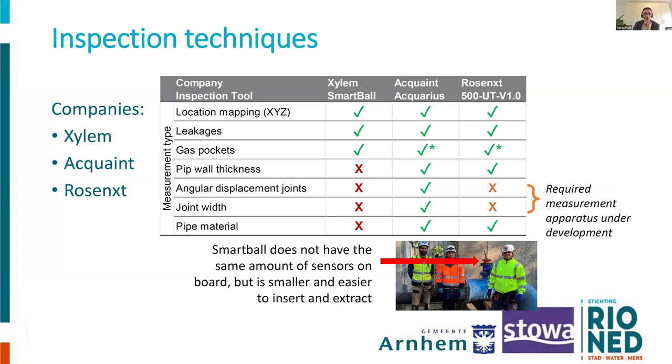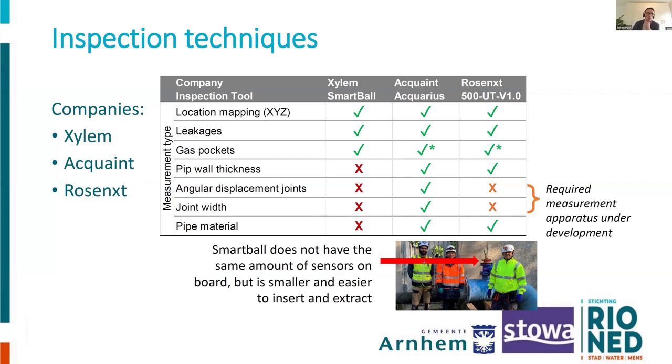Leakages, gas pockets: although the inspection tools of Rosen and Acquaint either require pre-pigging or are more or less pigs themselves, they do measure gas pockets, but the question is to which extent you will measure them in practice, because if you pre-pig it, then you will actually push out any air which was entrained. So if gas pockets are really your concern, then it's the question whether you will actually see them.